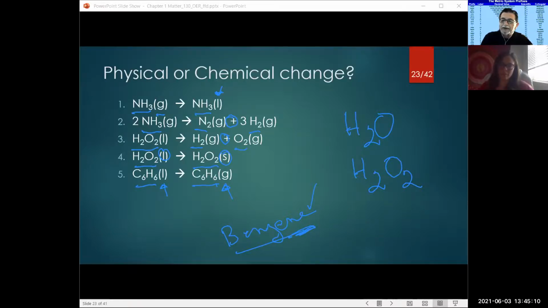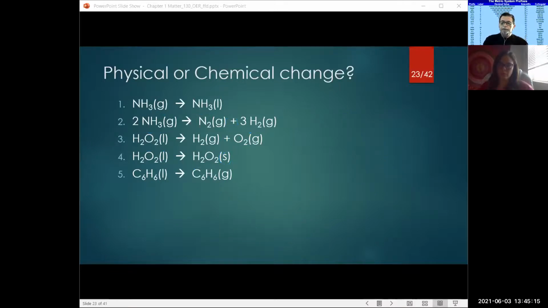All right, so let me clear this up here. And so we got physical, chemical change, where the first one, physical, ammonia going to ammonia, gas to liquid. The number 2, ammonia got broken down to its elements, okay? Now, number 2 represents another type of reaction called decomposition.